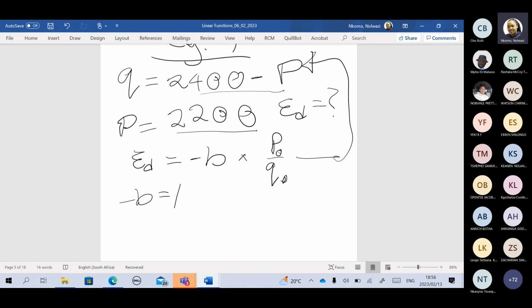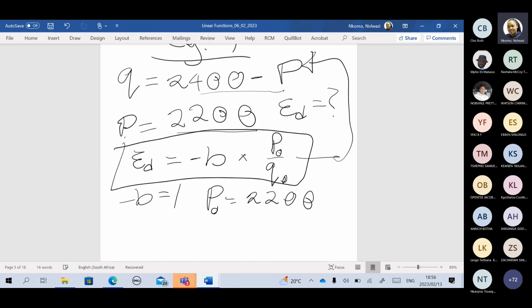But to use this formula, we need B, we need P naught, we need Q naught, and we only have minus B and P naught.